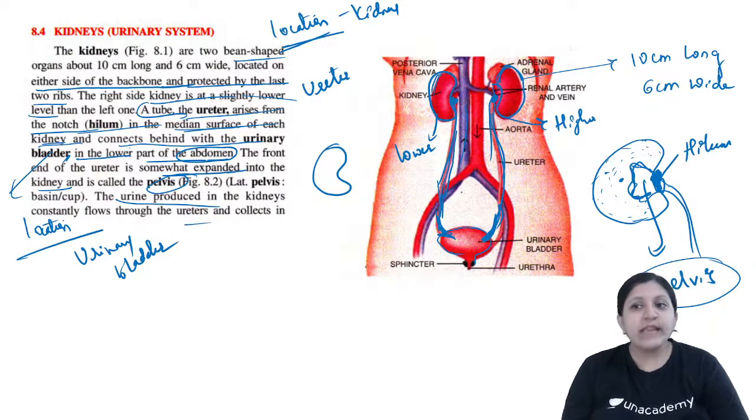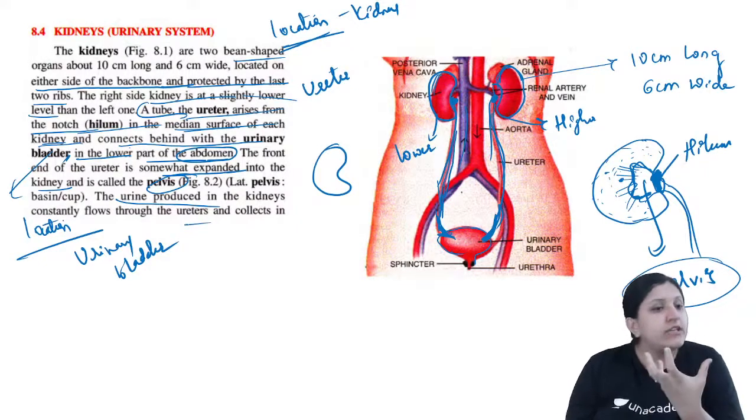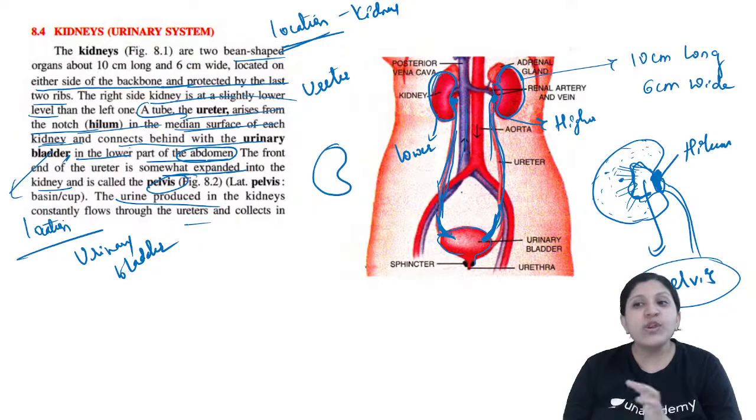There are the collecting ducts, and all these different collecting ducts are opening into the pelvis. So the collecting duct which is collecting the urine is going to open into this pelvis region. So from the pelvis area the urine is moved into the ureter.